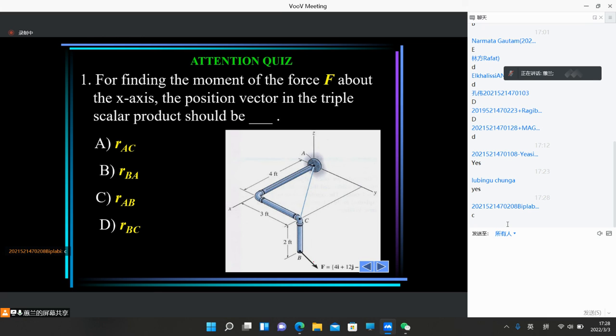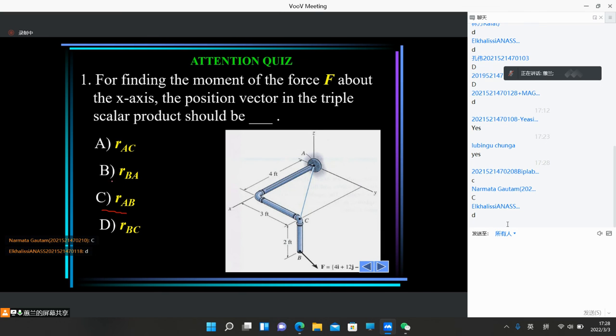So which one is obvious? Somebody says RAB. Somebody says RBC. First, you want to find the moment of the force F about the axis. So the position vector should start from one point on the x-axis, right?